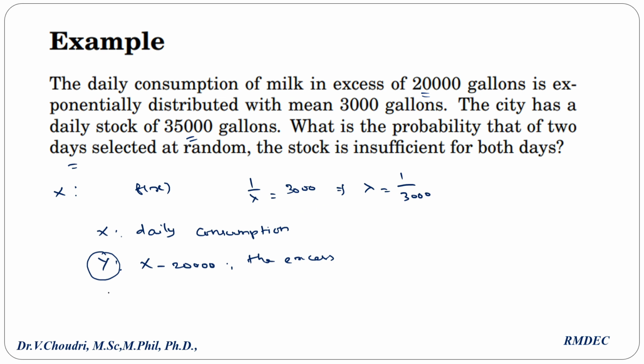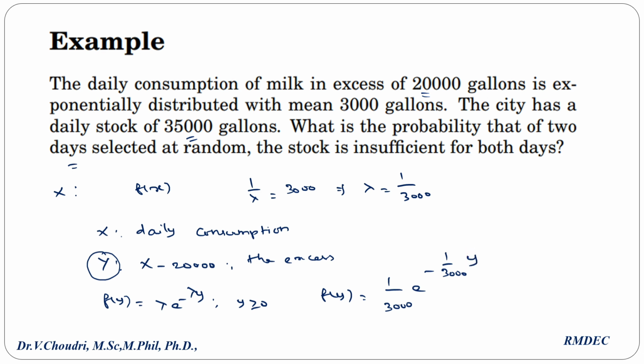The probability density function is f of y, not f of x, since the random variable is the excess y. f of y equal to lambda into e power minus lambda y, for y greater than or equal to 0, that is f of y equal to 1 by 3000 e power minus 1 by 3000 into y.